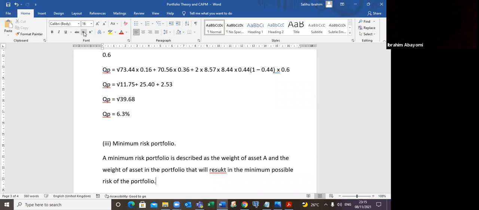I just gave you that definition so that you know what you are computing in case you are going through the note again.